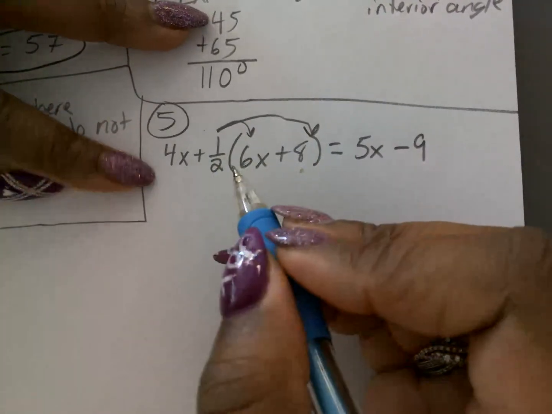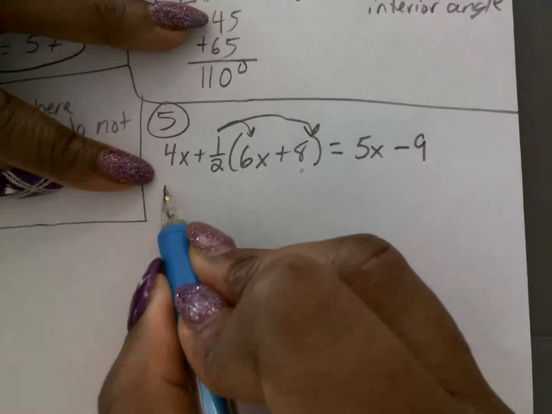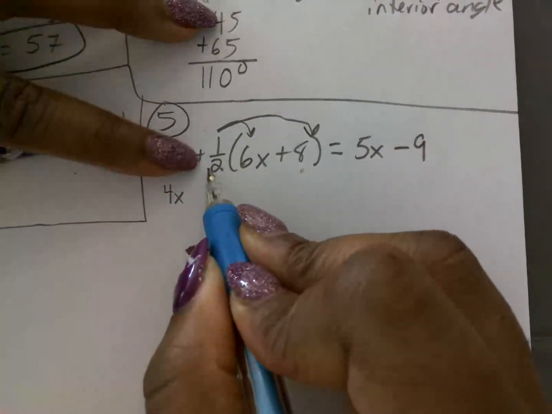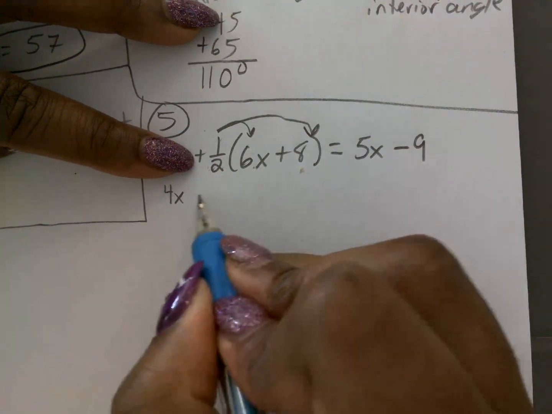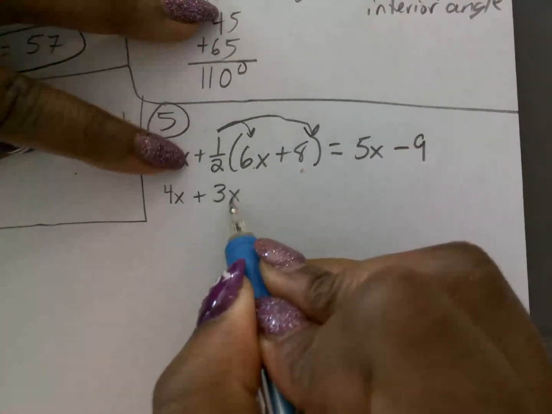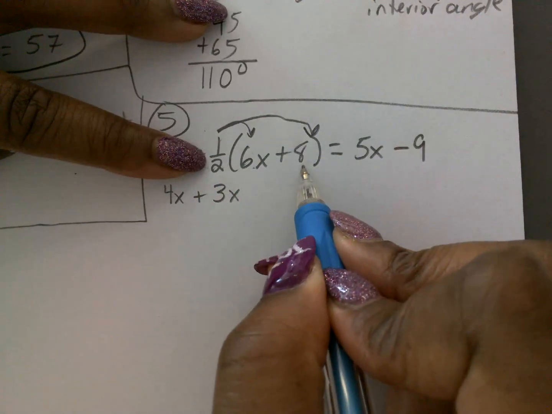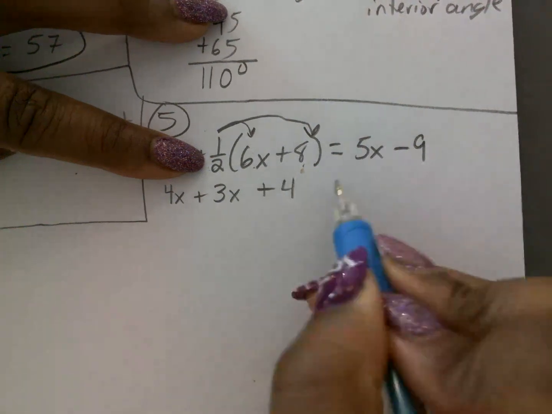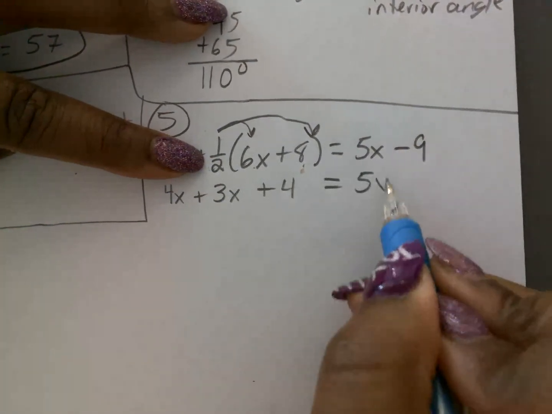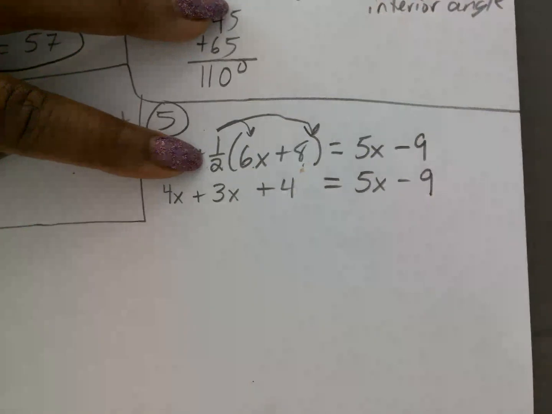What's half of 6x? It's 3x. Then what's half of 8? Half of 8 is 4. Bring down the equal sign and 5x minus 9.